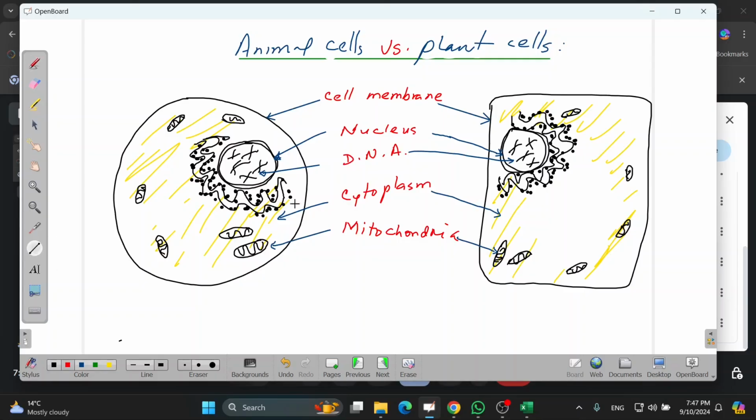Right, so let me see how I can point to this again. I will do it on the other side. This is the rough endoplasmic reticulum.